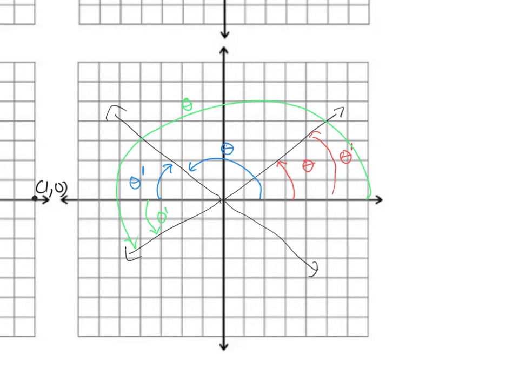And as you can see, the pattern goes. Our reference angle is always going to be the one that is closest to the x-axis. So let me erase all of this and let's do an example.